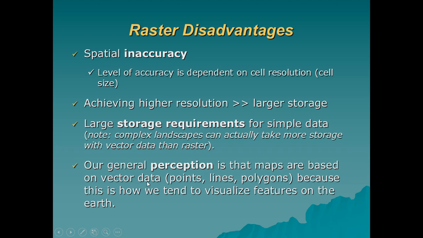That's how we tend to imagine it, as points, lines, or polygons, because this is how we tend to see the features of the earth. You don't tend to visualize your maps as a series of cells. So our instinctive perception of a map is also a disadvantage for using the raster.